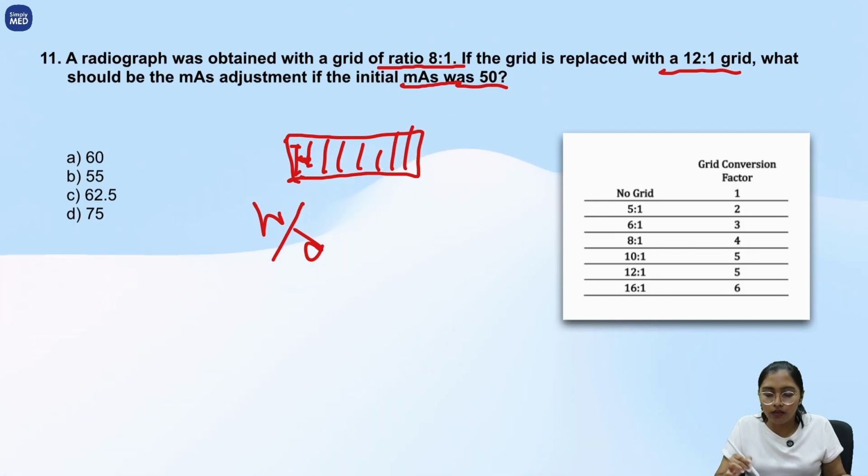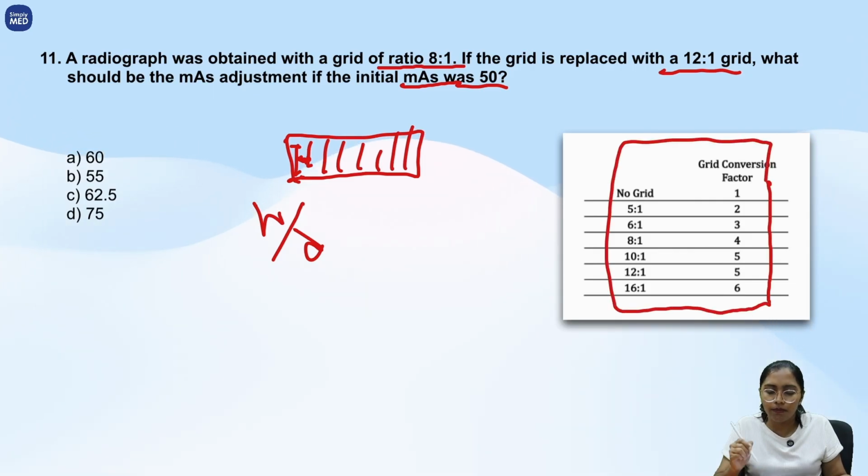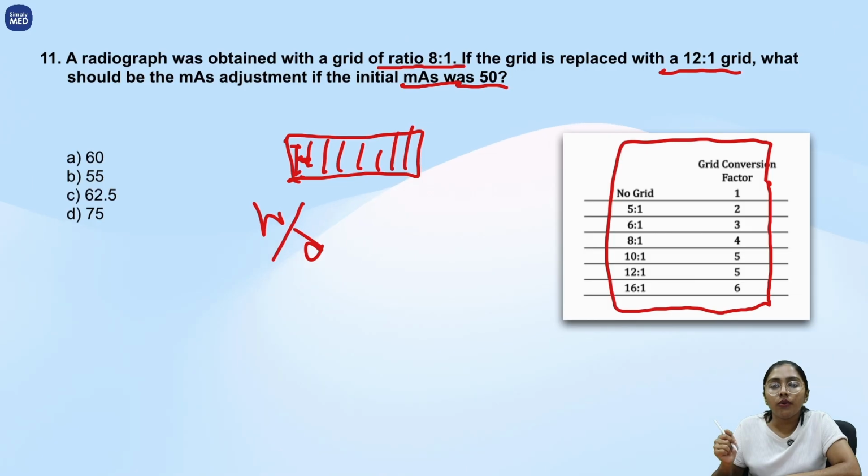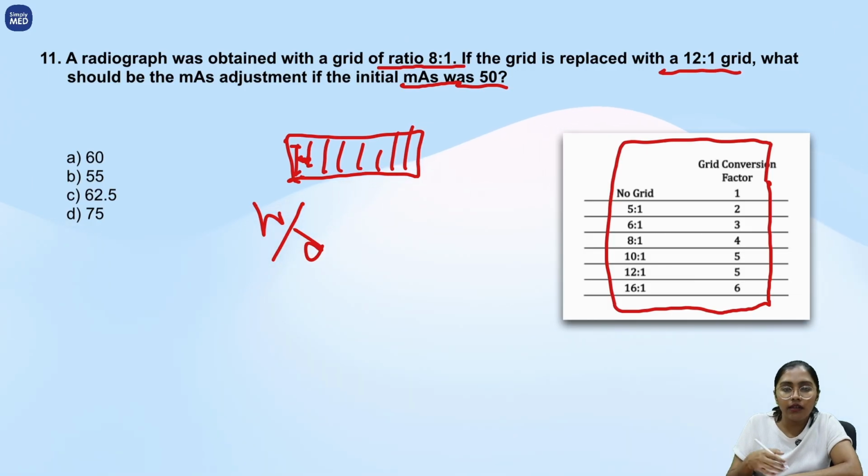For 6 is to 1, the grid factor is 3. For 8 is to 1, the grid factor is 4. For 10 is to 1 and 12 is to 1, the grid factor is 5, and for 16 is to 1, the grid factor is 6. You have to learn this table by heart, but as it is a linear table, it will be easy to remember.